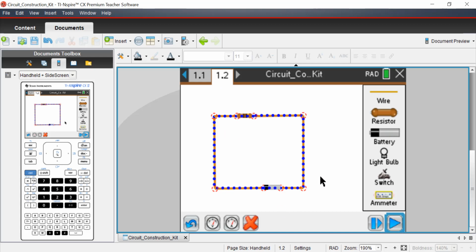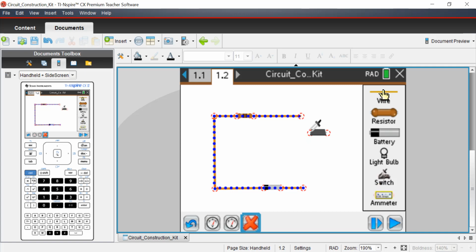All right, so now what I'm going to do is add the switch. I want to see what happens when we add this switch into this circuit. So what I need to do is take this piece of wire off of here. I need to break that. I'm just going to take it out altogether.